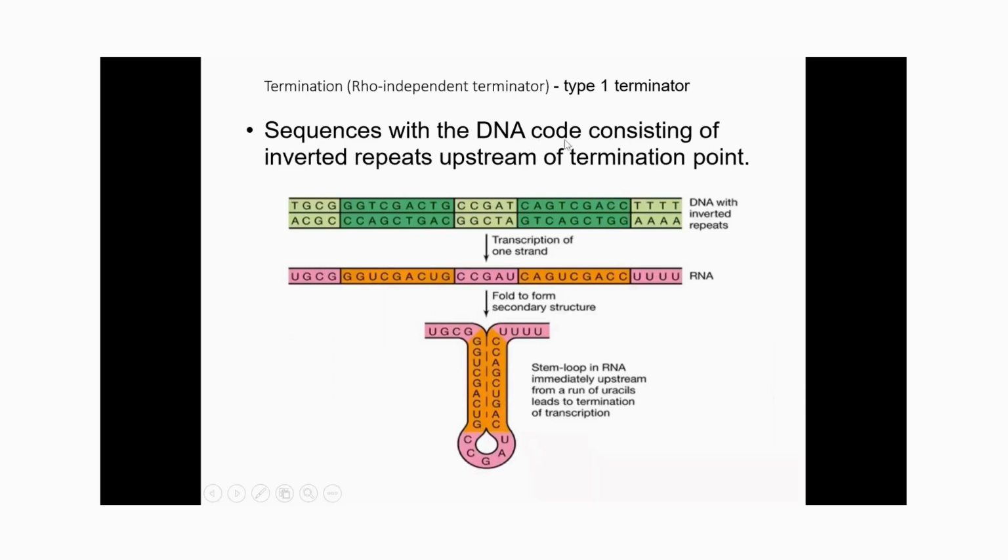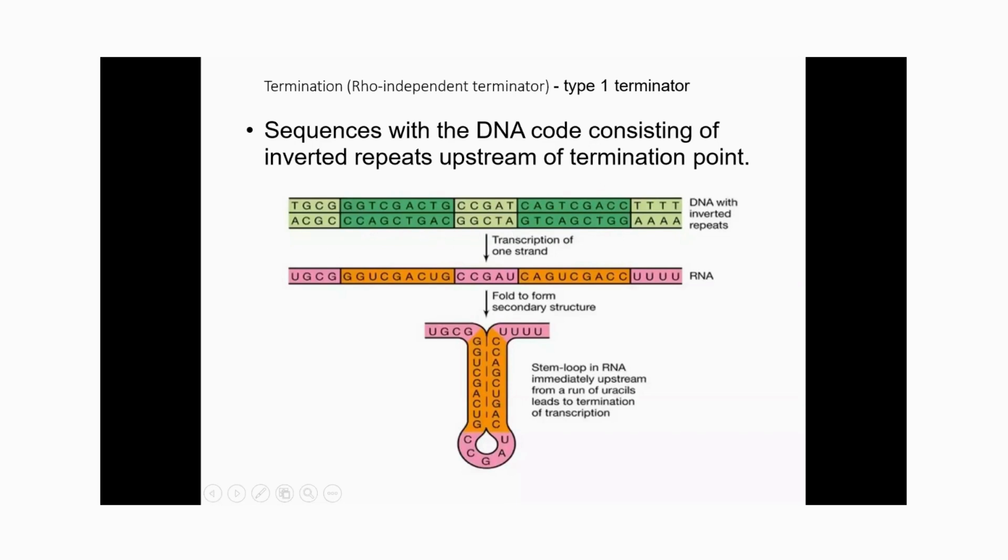The sequences within the DNA consist of inverted repeats upstream of the termination point. Suppose the termination will be here, then upstream of this, inverted repeats are present, like G, G, C, C, G and here G, G, T, C, G. These are called the inverted repeats, or C, C, A, G, C, T, C, C, A, G, C, T, like this.